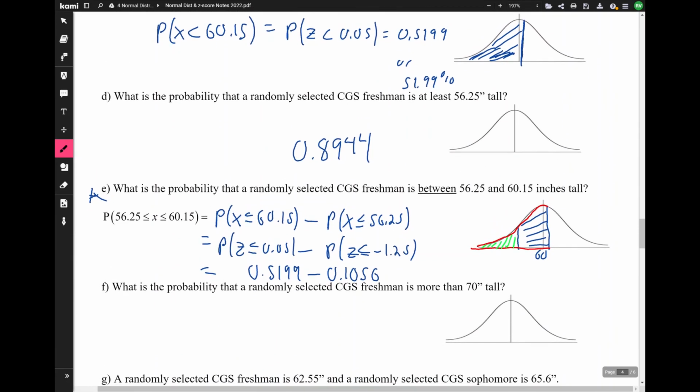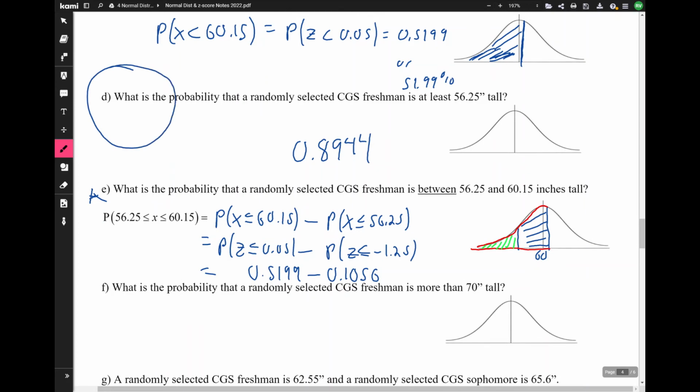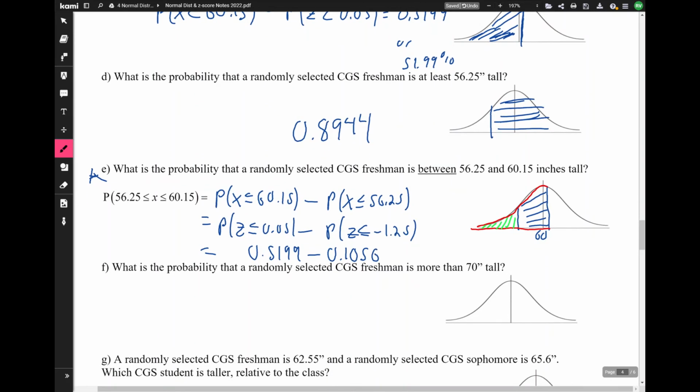So if I said that this was a left tail problem, that's incorrect. Part D was a right tail problem. At least 56.25 is this kind of problem. All right, so we get this number from taking the left tail right there.